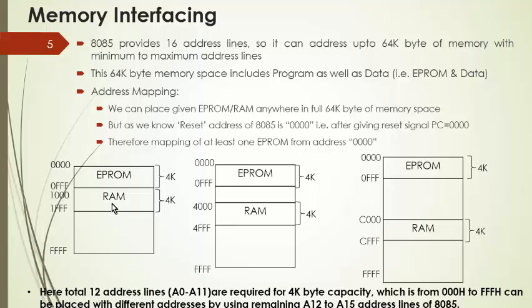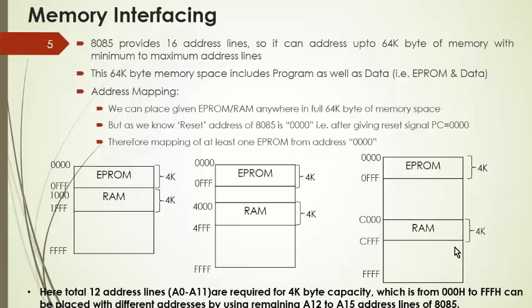Starting from different memory locations means, now in the third case the RAM is starting from C000. In the second example, the RAM is starting from 4000. In the first example, the RAM is starting from 1000. But everywhere you will find the same memory capacity, that is 4 kilobyte, 4 kilobyte and 4 kilobyte.